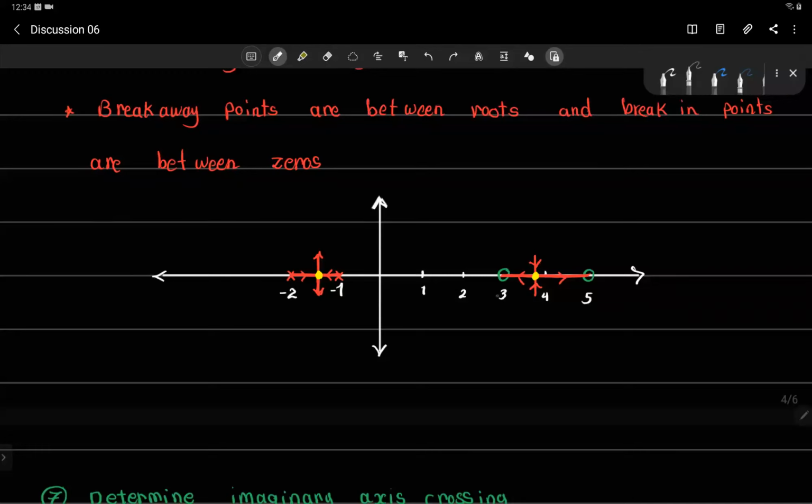We have a zero at 3 and a zero at 5, and we know that the root locus will exist to the left of an odd number, so there will be a segment of the root locus on this line between 3 and 5.